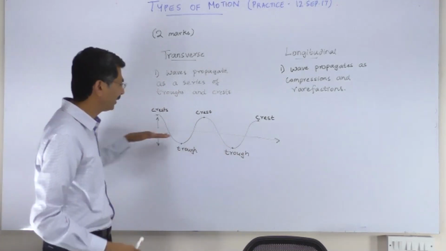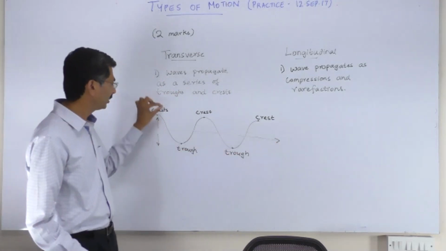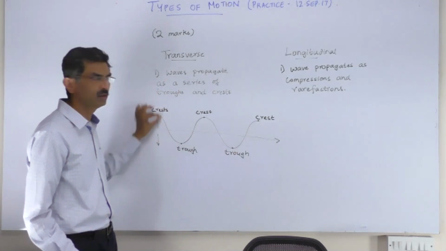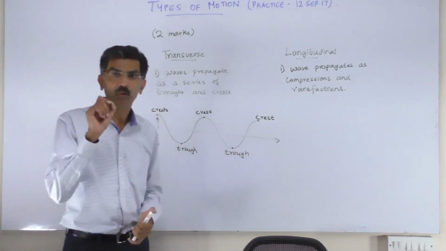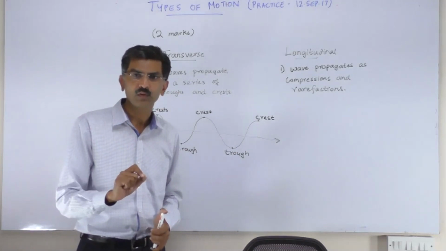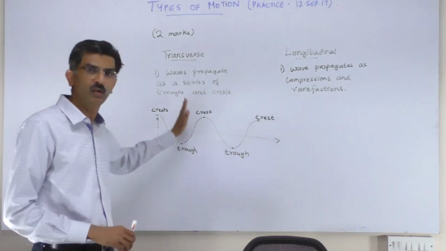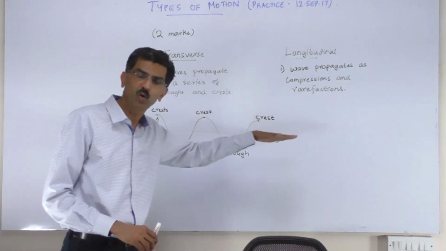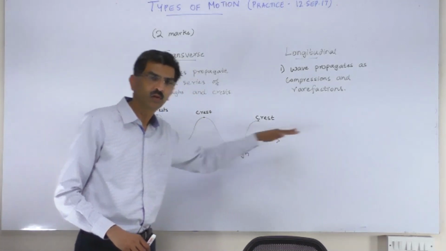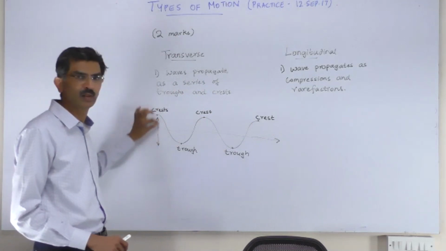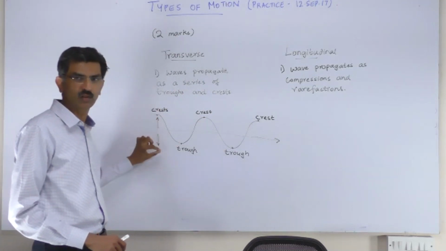So in transverse waves, the particles of the medium are moving perpendicular to the propagation of the wave. So they are perpendicular to each other. So that is the difference.